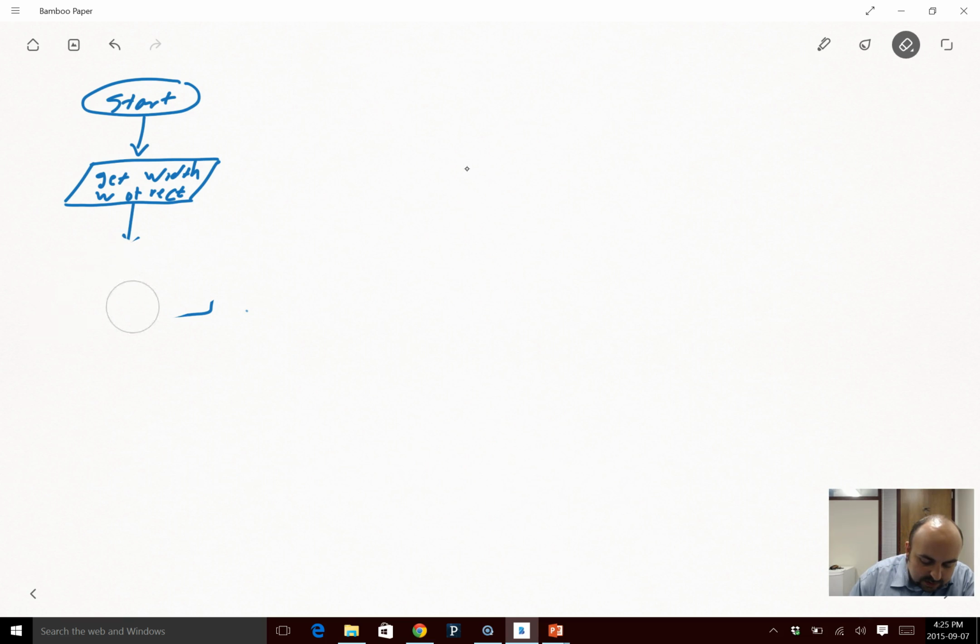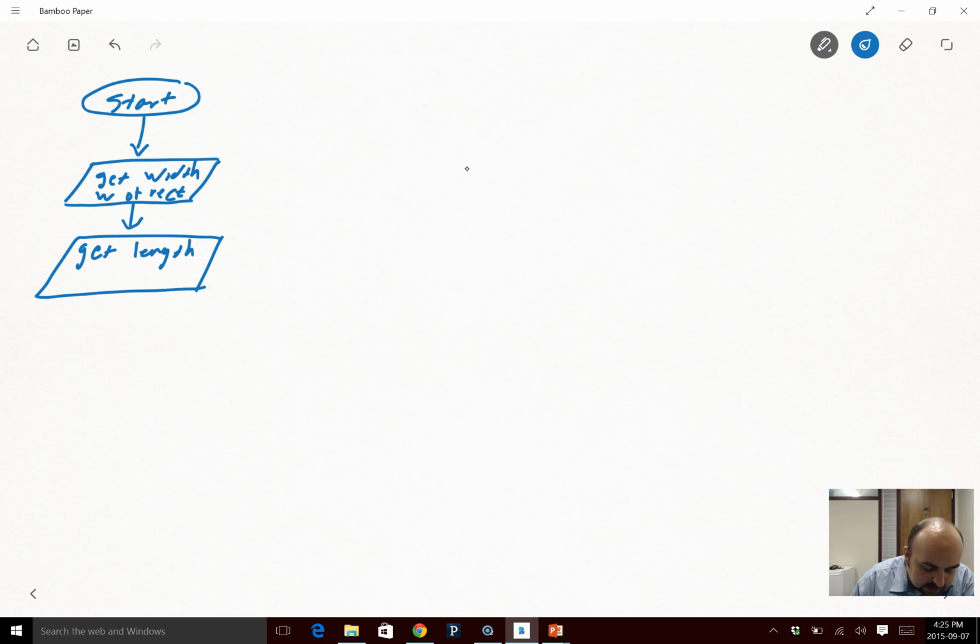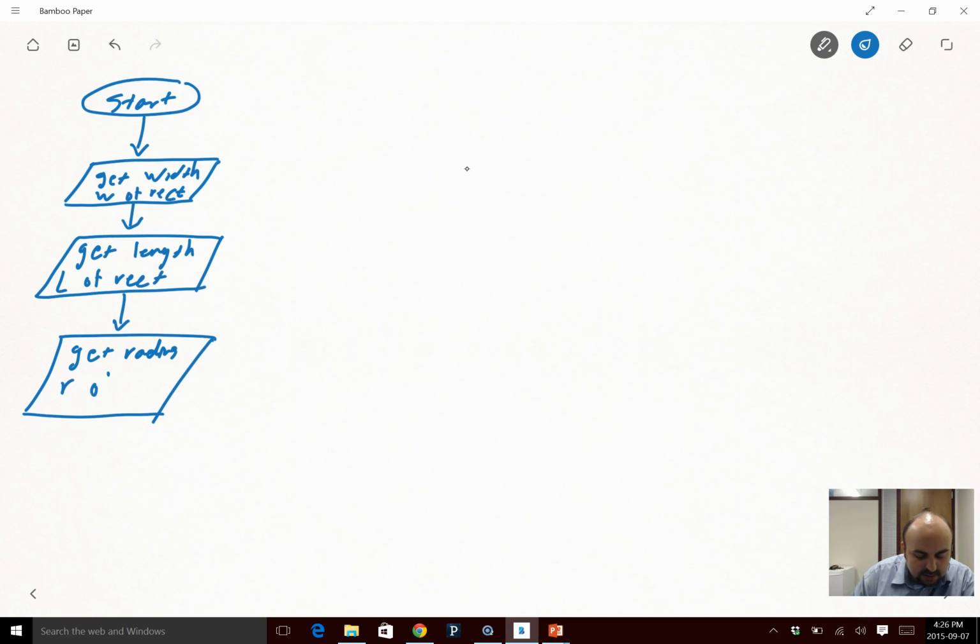So it's another input and output. We're going to say get length L of rectangle. Then get radius R of circle. Now we are actually going to do some calculations.